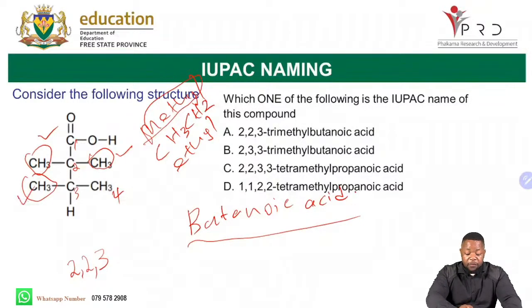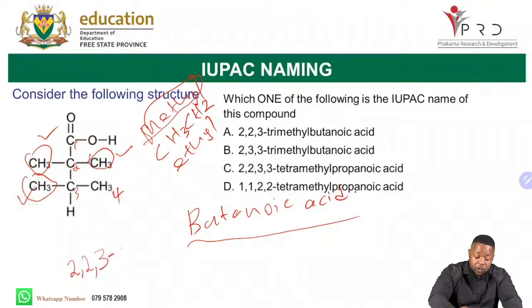Now, after indicating their positions, we need to indicate their name. But remember now, we were writing numbers. We now want to write a letter. And the symbol that we put between a number and a letter is a hyphen, which you normally call a dash. So it's going to be 2, 2, 3, then a hyphen. How many numbers did we include there? How many are these branches?